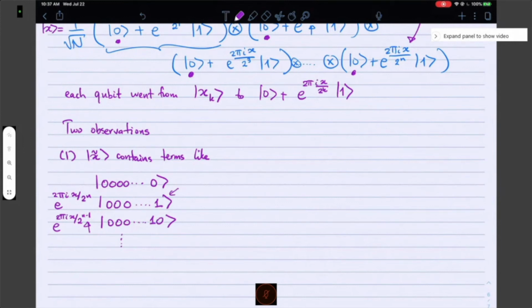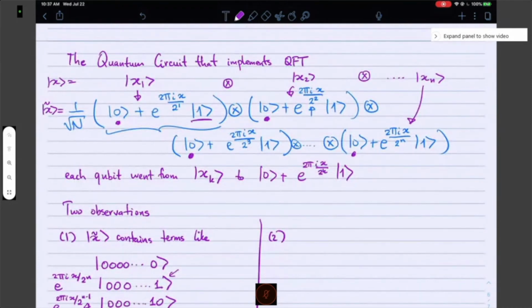The second thing I want to point out is what happens to these phases. The second observation is that if you look at the 1, 1, 1 term, so here's 1, here's 1, here's 1, here's 1, if you multiply all of those together, what do you get? You get a phase that looks like this from this term, e to the 2 pi i x over 2 to the power of 1.